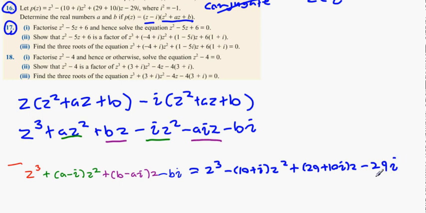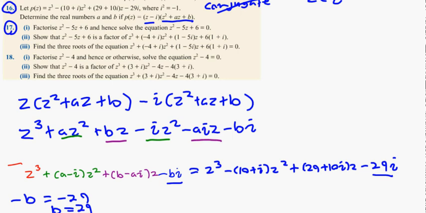Now, I suppose what this does is it creates that bi equals minus 29i. So minus b equals minus 29. B therefore has to equal 29.